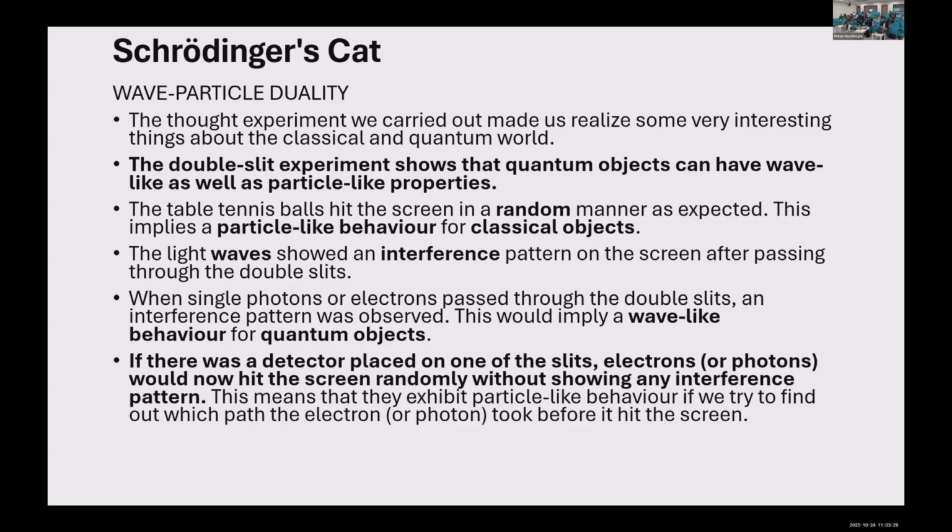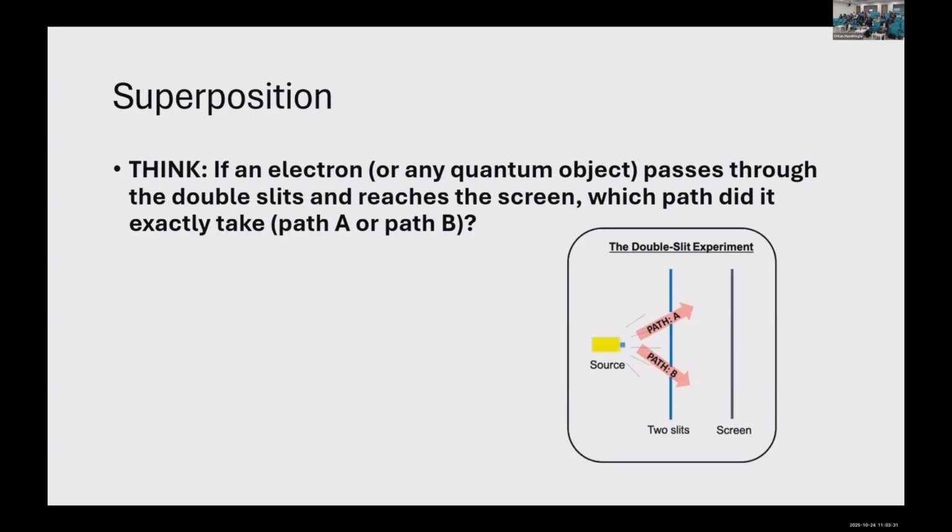What does it mean? So we have a double slit, right? Slits 1 and 2. So it can take path A or path B. If an electron or any quantum object passes through the double slits and reaches the screen, which path did it exactly take? Path A or path B? These are logical questions.